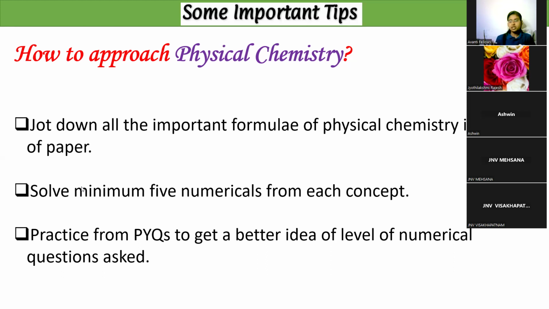I am here to help you guys to get good marks and for other things also, related to chemistry. So you can ask me, I will help you. Like how to write. So this particular formula will come under which topic. Like that, if you're having any doubt, you can ask me. Okay. So take a sheet of paper or maintain a notebook in which you are going to write all the formulas of each lesson of physical chemistry.